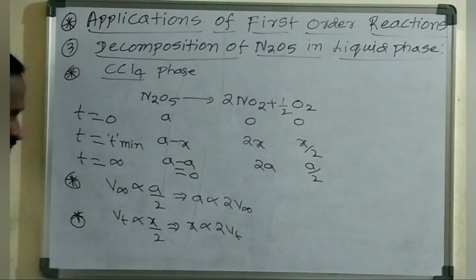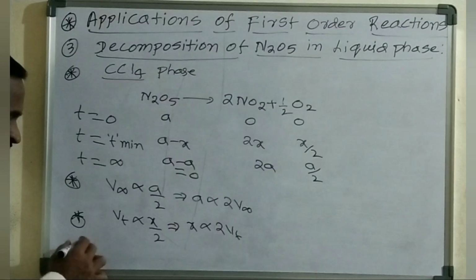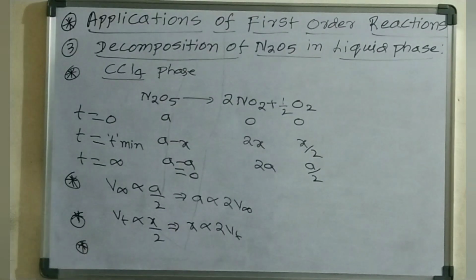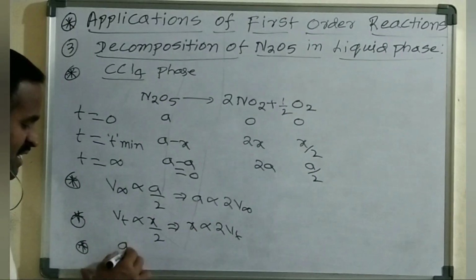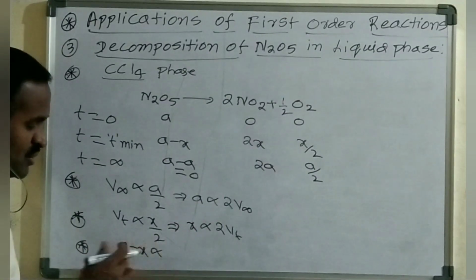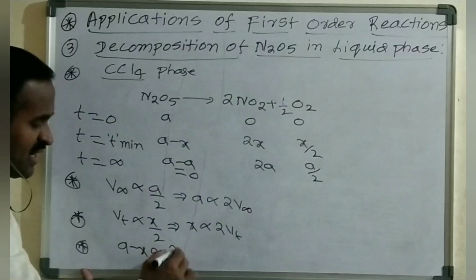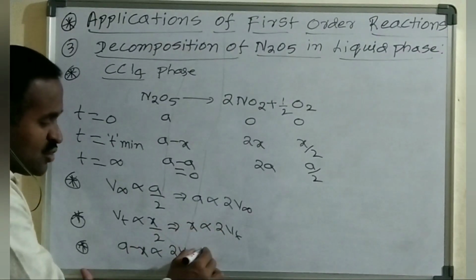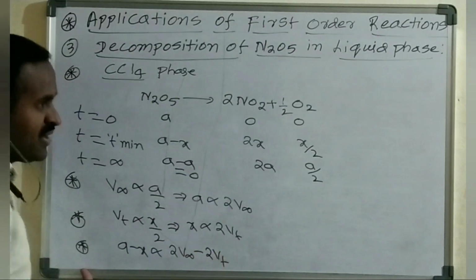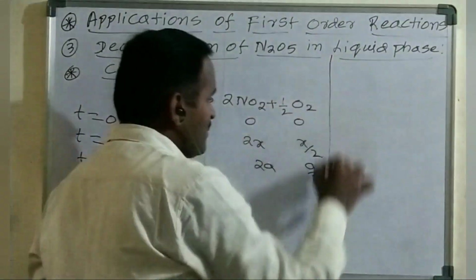So in the first order rate constant equation, log a by a minus x, a is there, and a minus x I want here. a is directly proportional to 2V infinity, and x is nothing but 2Vt, so that you can write the rate constant equation.